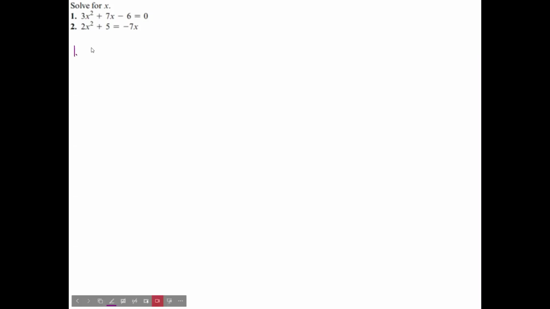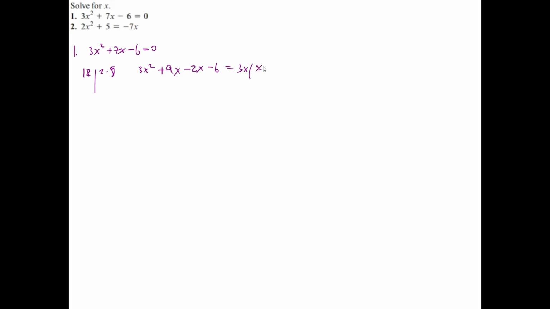What we have: 3x squared plus 7x minus 6 equals 0. 3 times 6, 18, right? So 2 times 9 will do, right? 3x squared plus 9x minus 2x minus 6 equals. So 3x I take outside, and here I have x plus what? 3. Here I take minus 2 outside, and I have x plus 3.